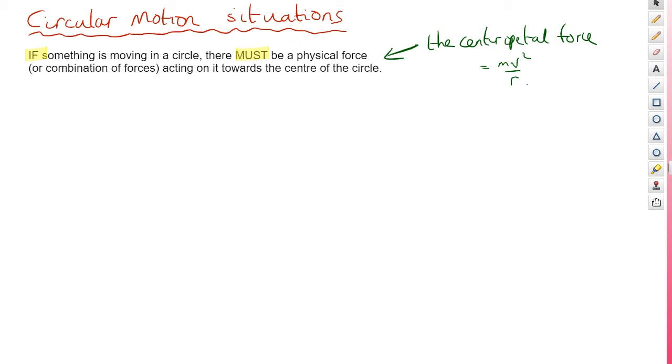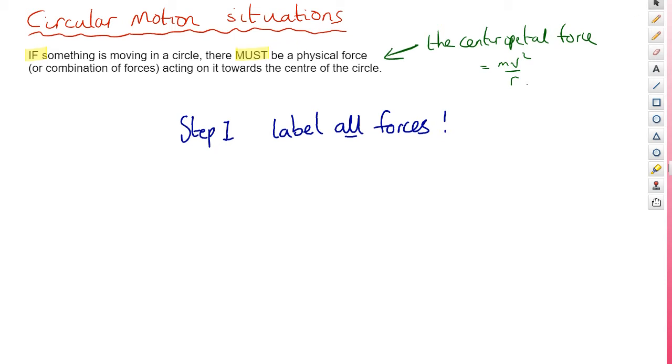Well, there are two steps to follow to get started in any problem. The first step is to label all the forces. If you've got a problem where something's going in a circle, label on the real forces which are acting on it, whether it's a gravitational force like the weight, or a tension, or a magnetic force, whatever it is, label all the forces on the body which is going in a circle.